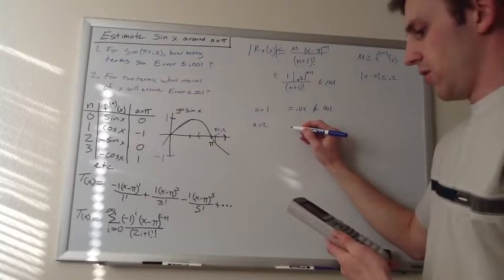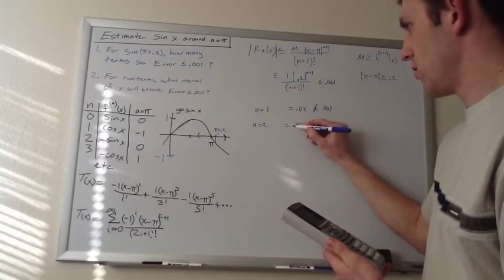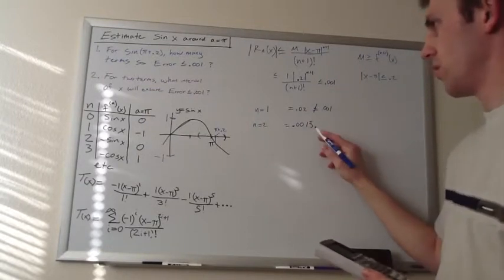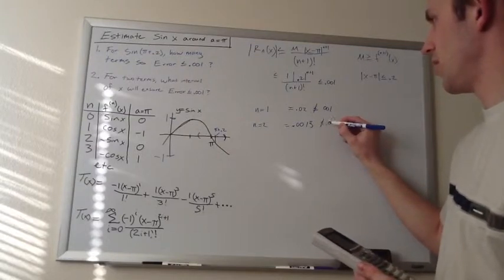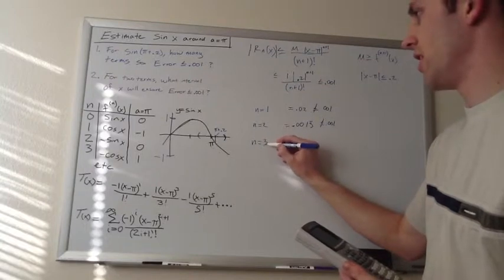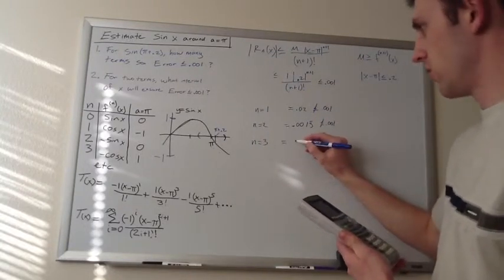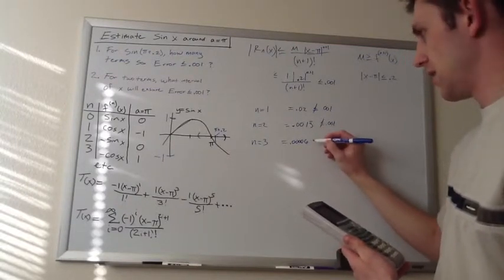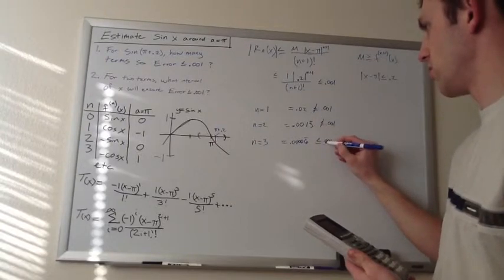For n equals 2, we would get 0.0013, with the 3's repeating. And also that's still just a little bit too big for 0.001, so I'd have to go to one more value, n equals 3. And when I do so, then this expression is equal to 0.00006 repeating, which is less than or equal to 0.001.